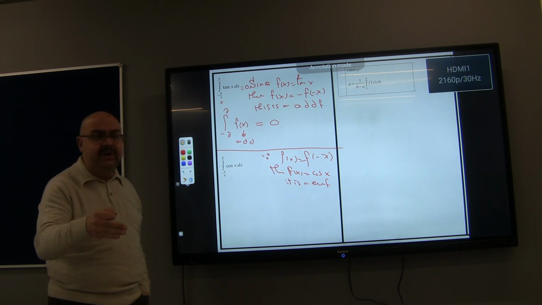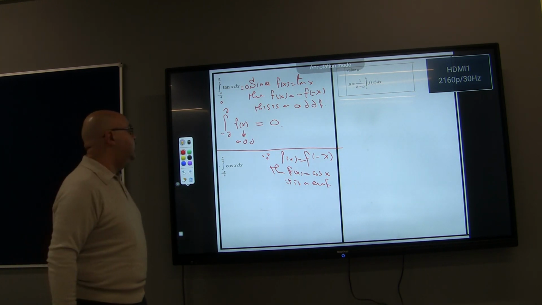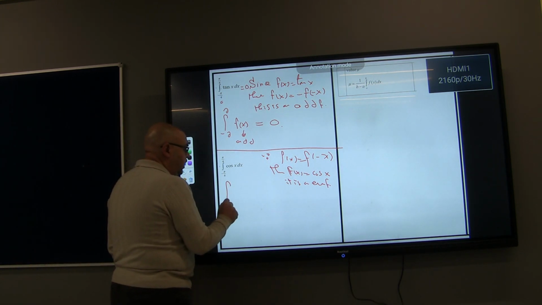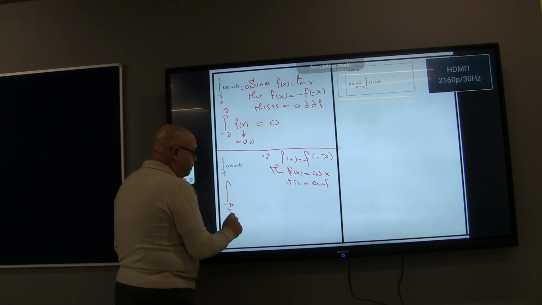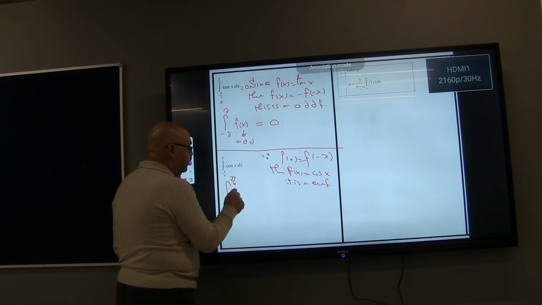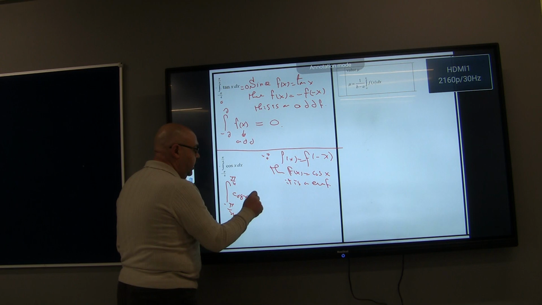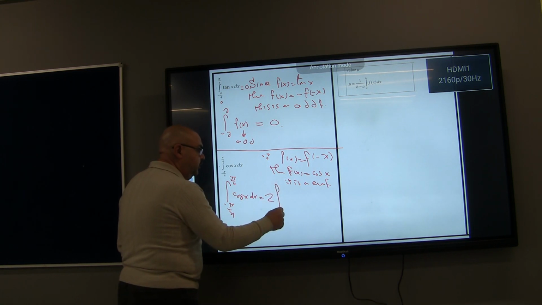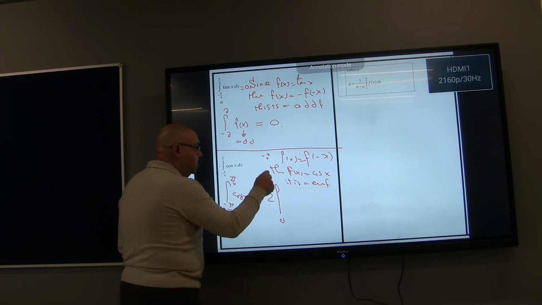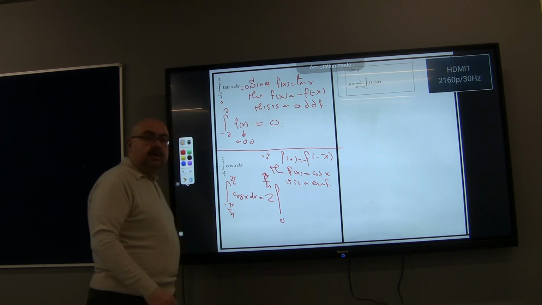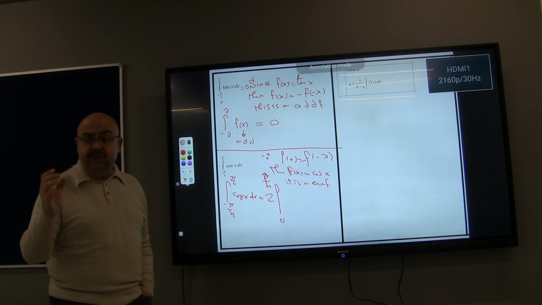So I now identify an even function. I can take advantage from the property that states integrating from negative pi over 4 to pi over 4 cosine x dx is going to equal 2 times the integral from 0 up to pi over 4. You take just only half of the interval limit.